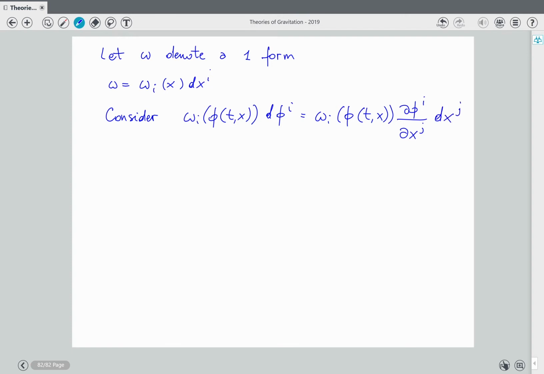And then the Lie derivative is the partial derivative of this calculated at time equal 0.